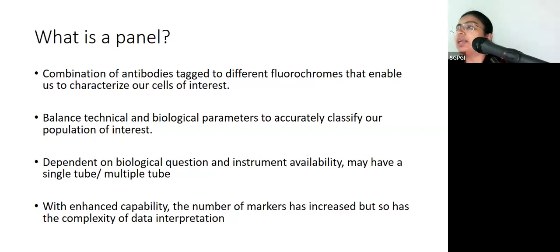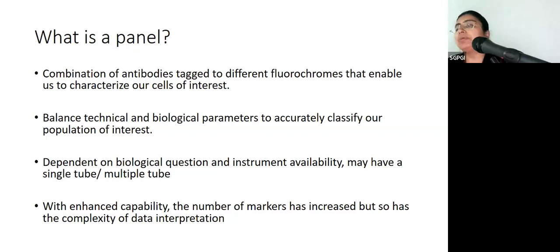Now, the number of colors that we can interrogate has increased exponentially. In the earlier equipment, 3-color and 4-color calibre was something which many of us have used. And now we have equipment up to 12-color to 13-color available for routine clinical use, and the capability is only increasing. In India, right now, there are labs which are using 16 or 17 colors, even in the clinical flow cytometry field.